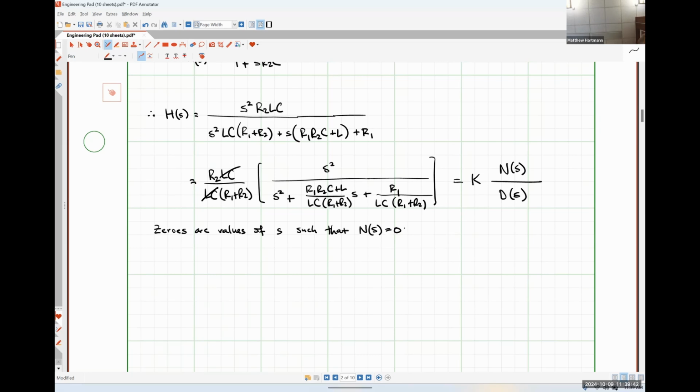So since n of S in this case is equal to S squared, that means that we are going to have two zeros. So I'm going to call it omega Z1 and omega Z2. And both of these are going to be equal to 0. So the reason why I'm throwing an omega in here, kind of out of the blue, is because these represent the frequencies at which the output of our system is 0.